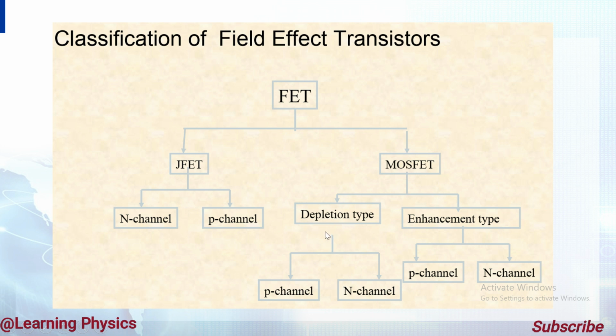Depletion type also has two types, p channel and n channel, and enhancement type also has n channel and p channel. We will discuss depletion type, enhancement type and their differences in future, and we will study in detail their operation and functioning.